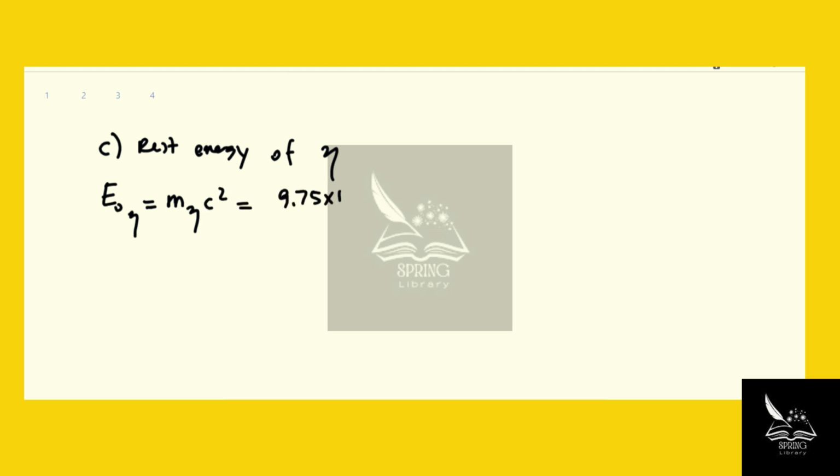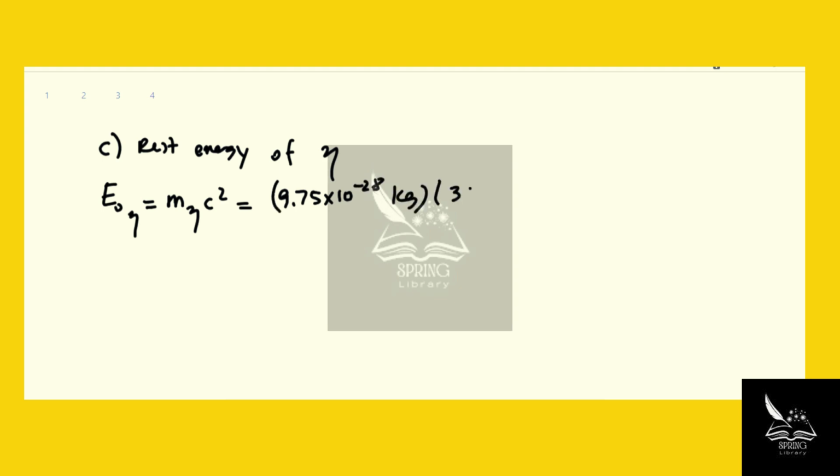Now, in part C, we're asked to calculate the rest energy of our new particle. So the rest energy, easy, we wrote it down before. It's going to be m nu times c squared. M nu is given to us, 9.75 times 10 to the power negative 28 kilograms.